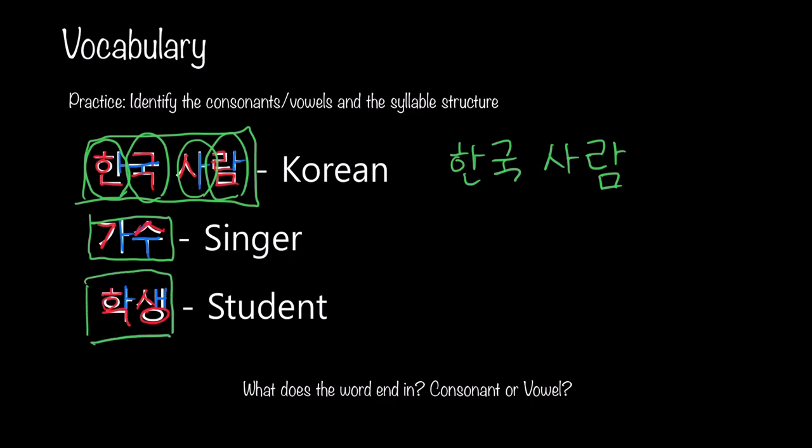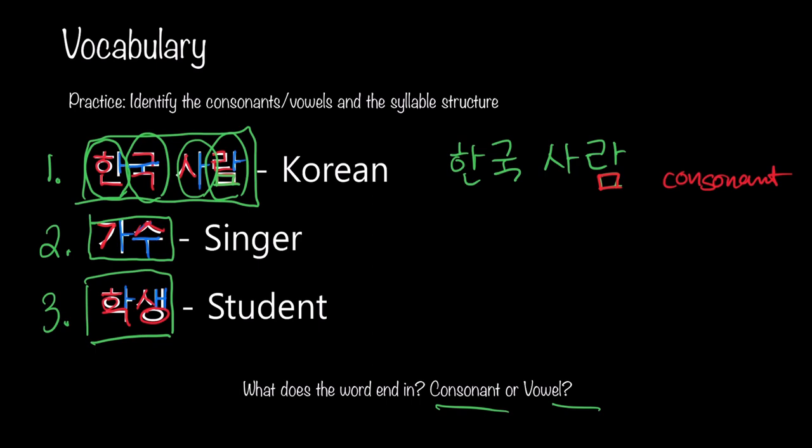What does each word end in? Consonant or vowel? So 한국 사람, the last letter here is going to be this, right? 미음. So 한국 사람 ends in a consonant. What about 가수?